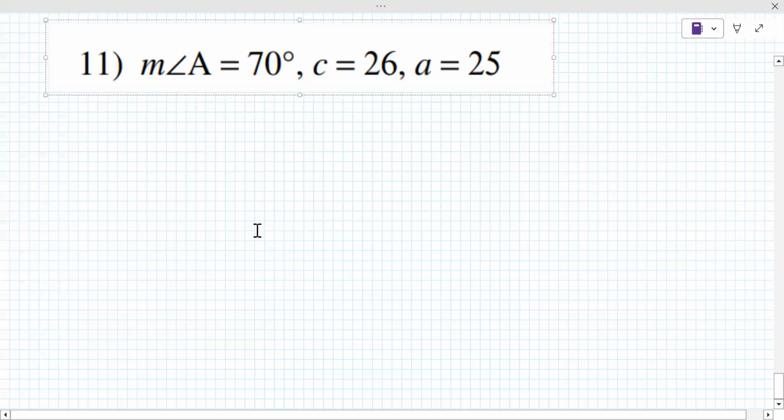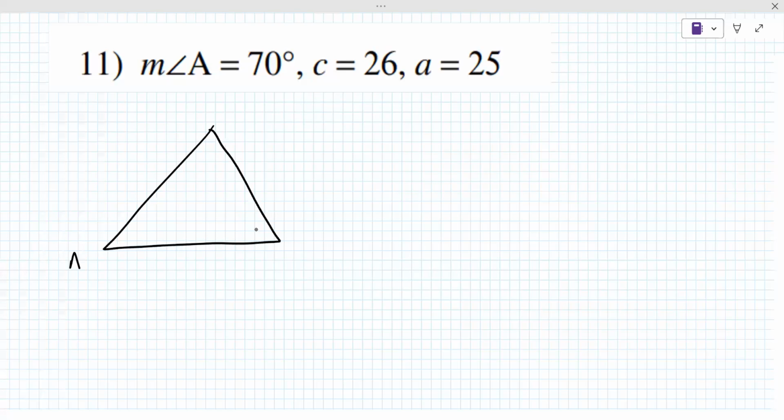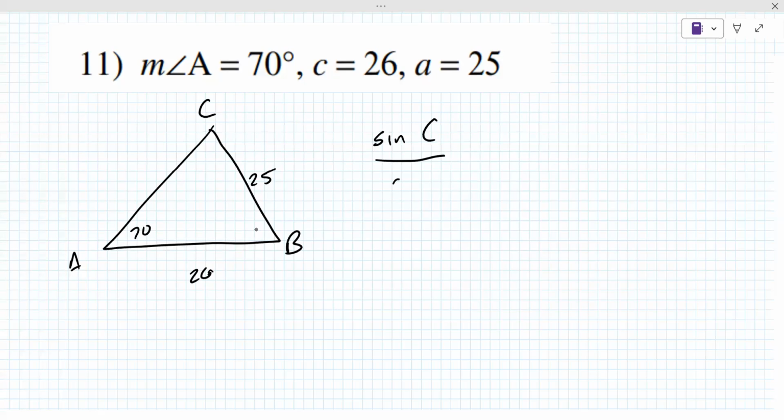All right. So here's your new problem here. Measure of angle A is 70. This is 25. Let me do it this way. I'm drawing this one slightly different to help with this, but let's solve for angle C. So sine big C over 26 equals sine 70 over 25.